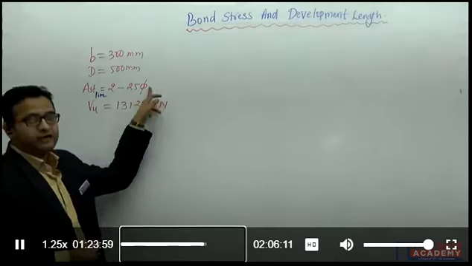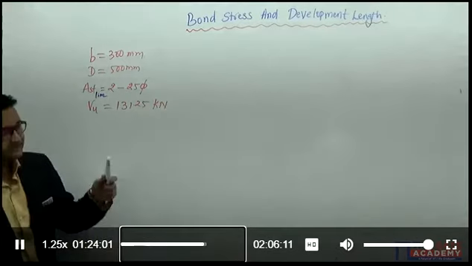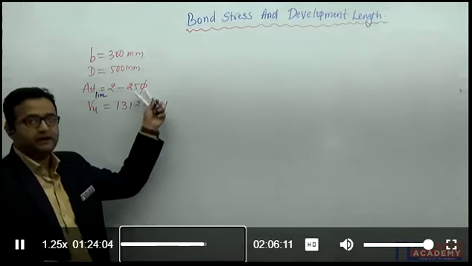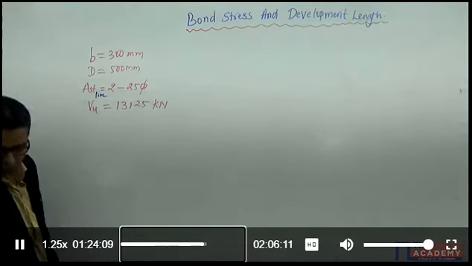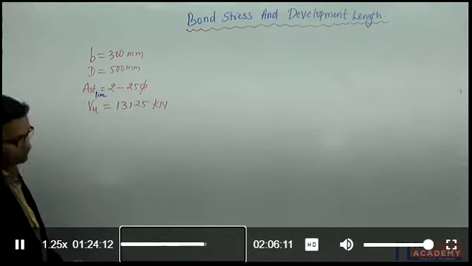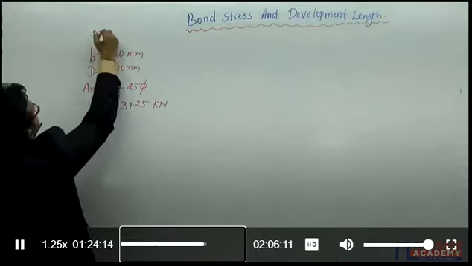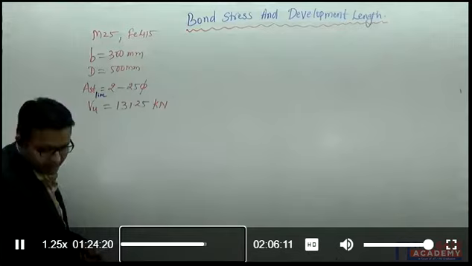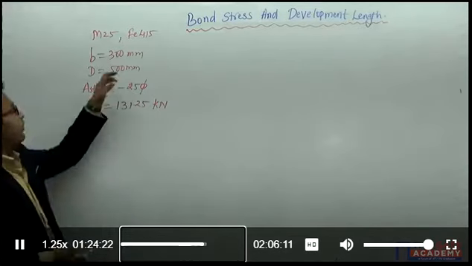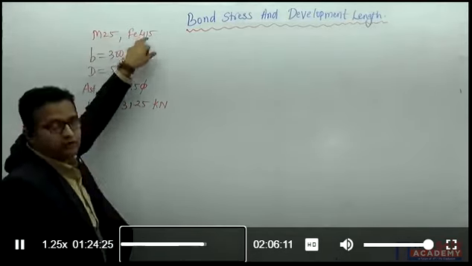This AST we have calculated for the balanced section: AST limit, 2 bars of 25 mm diameter. The grade of concrete is M25 and the grade of steel is Fe415.